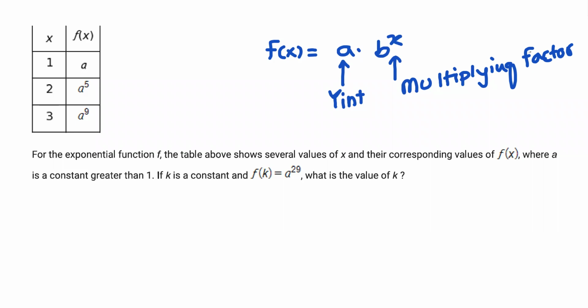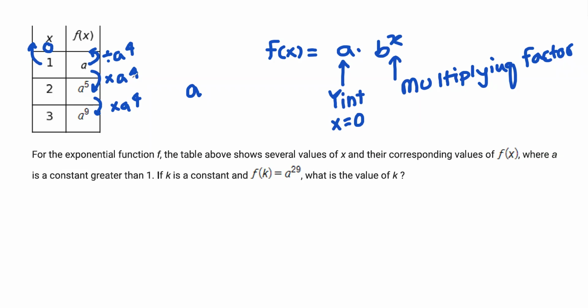Well, how to get the y-intercept? You should plug in x equals 0, right? Now, if you go to the table, to go from x equals 1 to x equals 0, we need to step back. So let's say this is the 0 step. And what is the multiplying factor? a to the power 4, right? In the forward direction, we are multiplying by a to the power 4. So to go in the backward direction, we need to divide by a to the power 4.